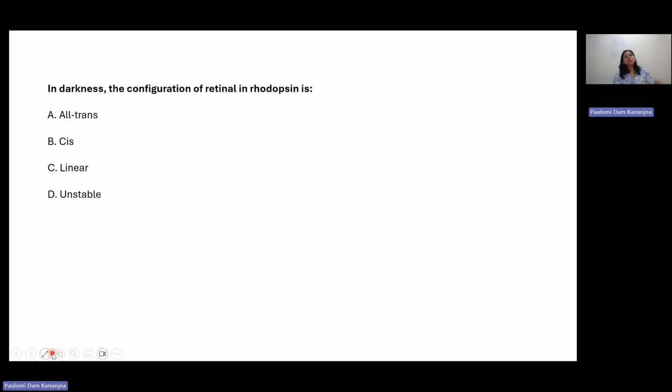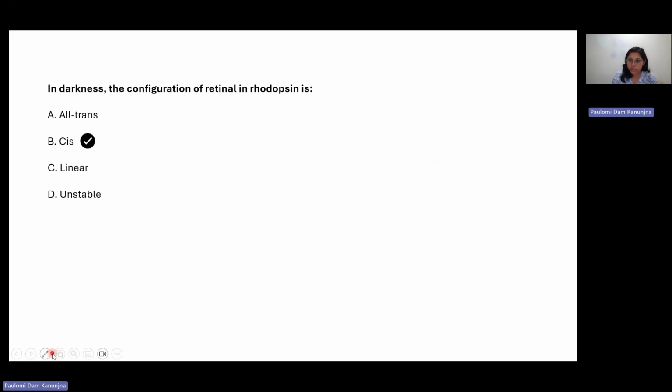Okay, now we come to phototransduction. If you remember, in rhodopsin, the center which receives the light is retinal. It undergoes a change in configuration, right? But what is the configuration before it receives the light? You remember?